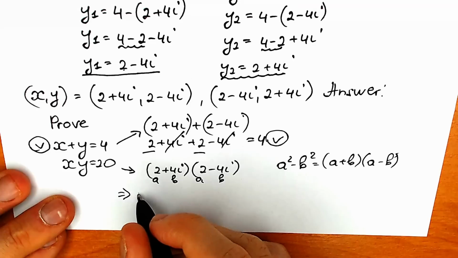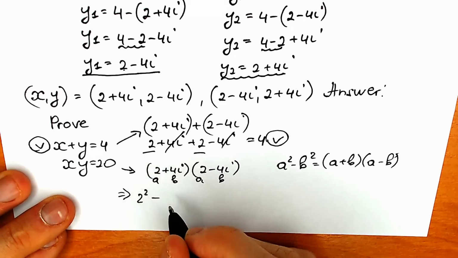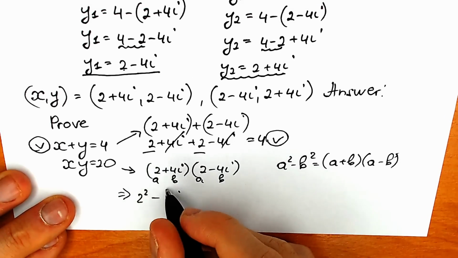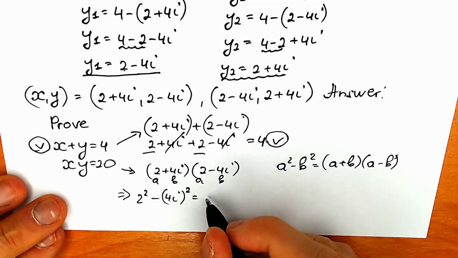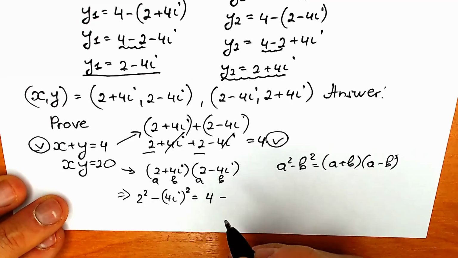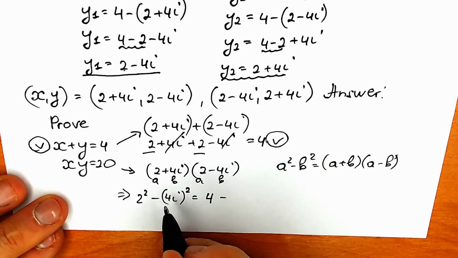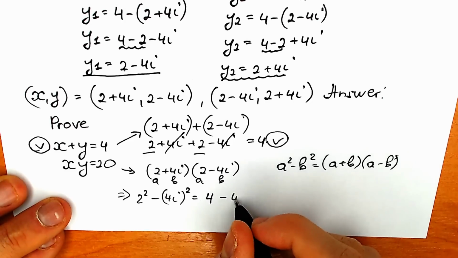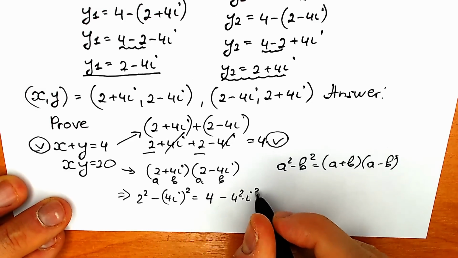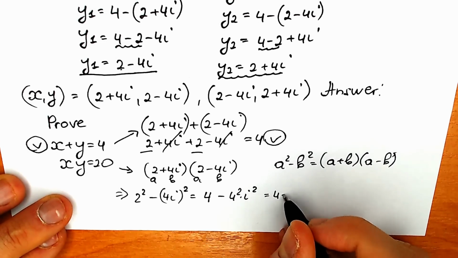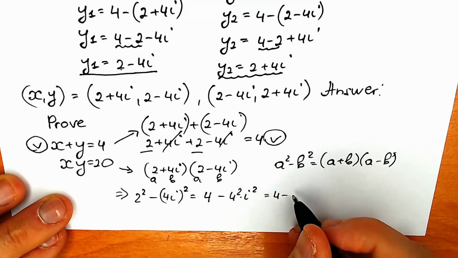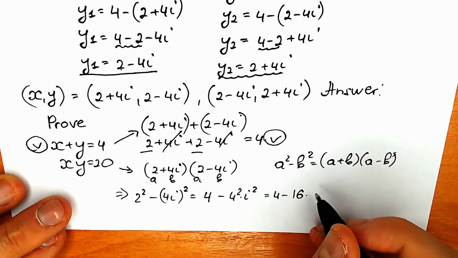So as a result, we have 2 squared minus (4i) squared, okay? Right now we have 2 squared equal to 4, minus, right here we need to raise both of these elements to the square, so we have 4 squared times i squared. Let's simplify this a little bit, and as a result we have 4 minus 4 squared equal to 16 times i squared, which is minus 1.